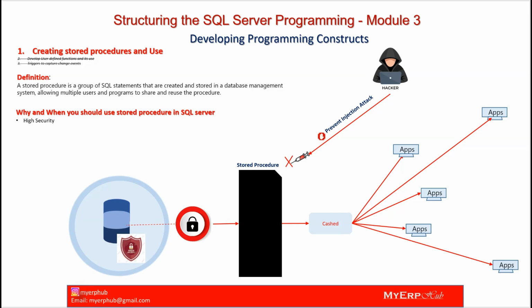High security: stored procedures are secure. You should prefer them when your application is data critical. Like I was giving an example, any application can just access a stored procedure without the need to give read, write, execute access to the entire database.